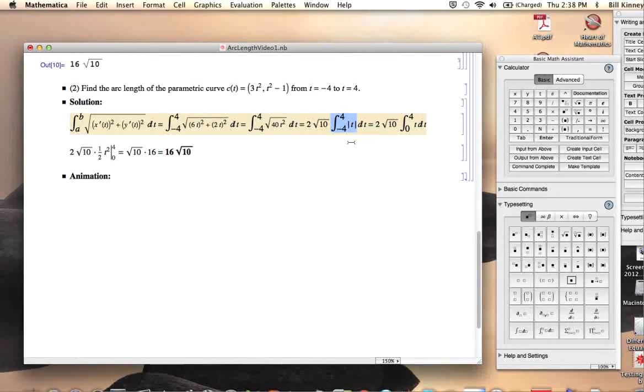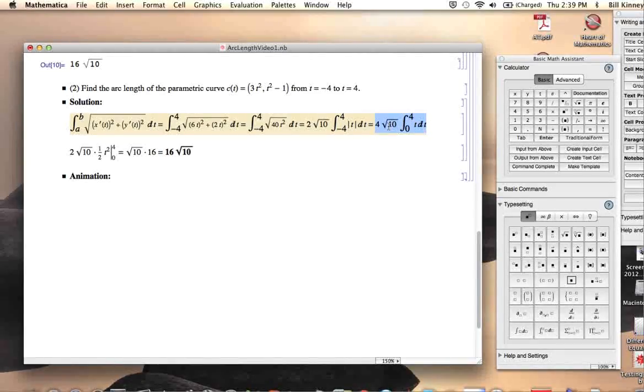Now the one convenient thing that happens here is we can get rid of the absolute value sign because this is actually an even function, the absolute value of t. If you graph it, it looks like a V centered on the y-axis with a point down at the origin. And because of that, it's an even function. We can actually integrate it from 0 to 4 and then just double the answer. So we actually ultimately get double the previous answer.